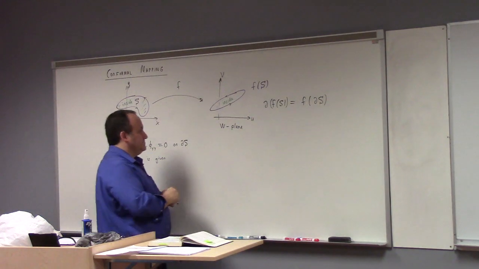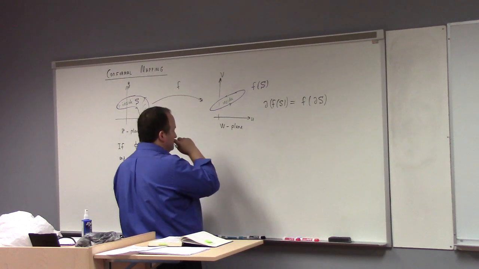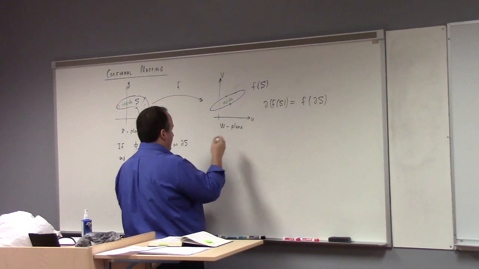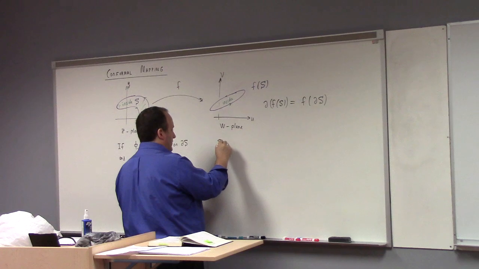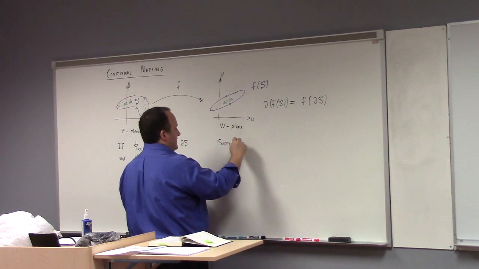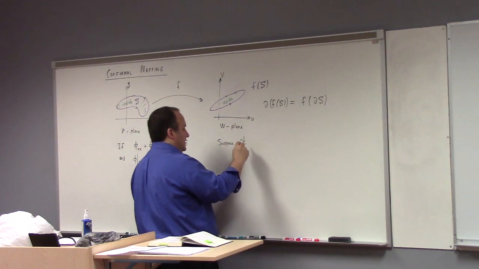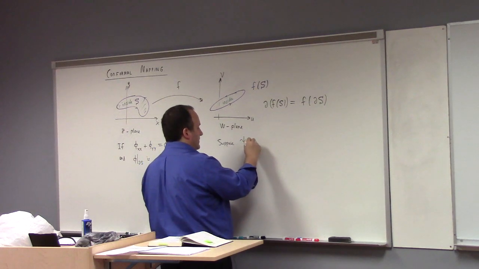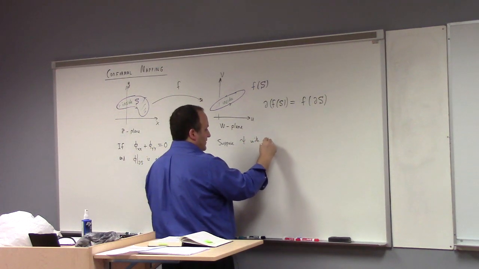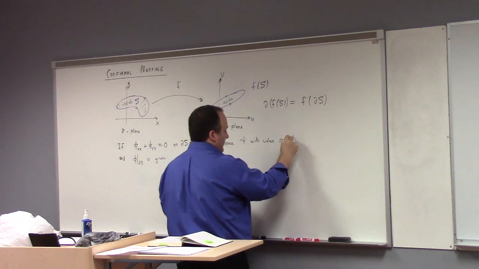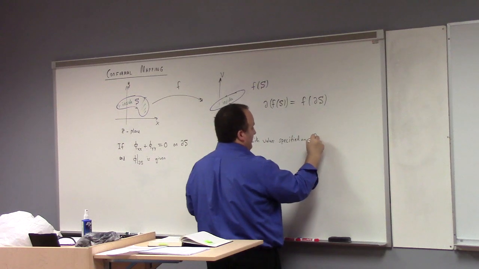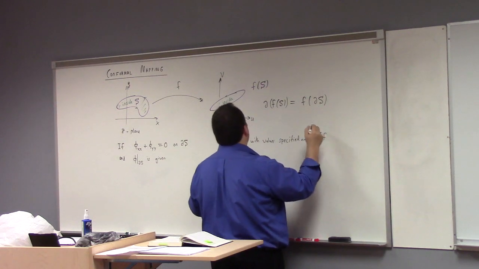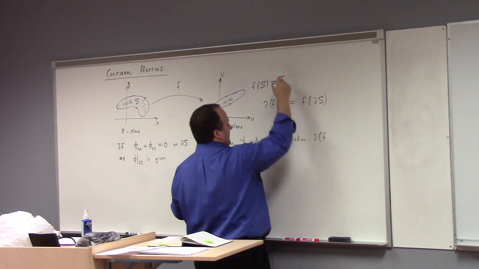That's one thing. And it may also be helpful to look at, suppose I have, let's say, psi with values specified on the boundary of f of S, which I probably should just call this thing T. Let me call this thing T over here.